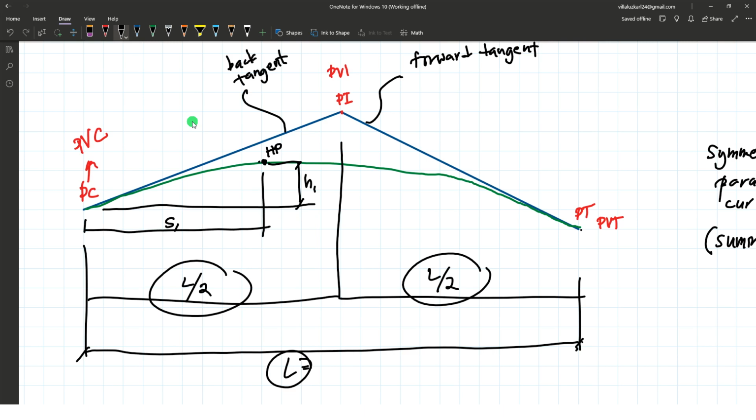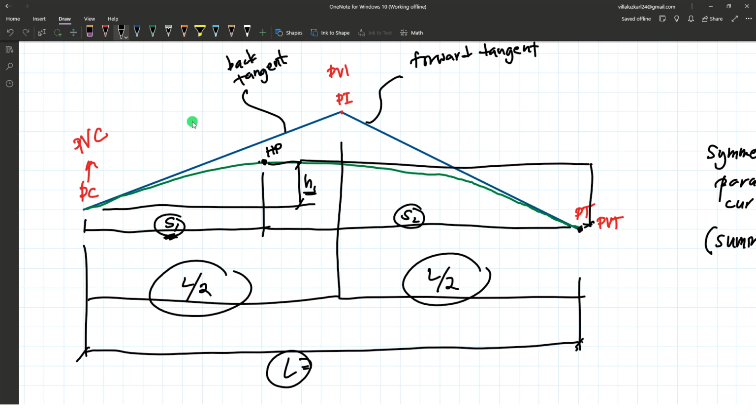Later we will discuss the solutions for these values, S1, H1. Now if our reference point is PT, the distance from PT to the highest point is S2, while the difference in elevation from PT to the highest point is H2.